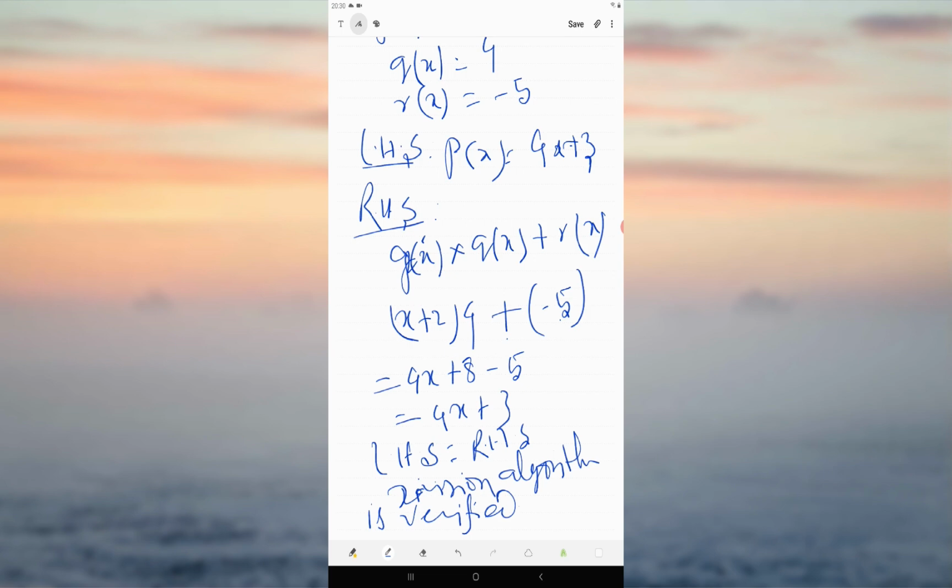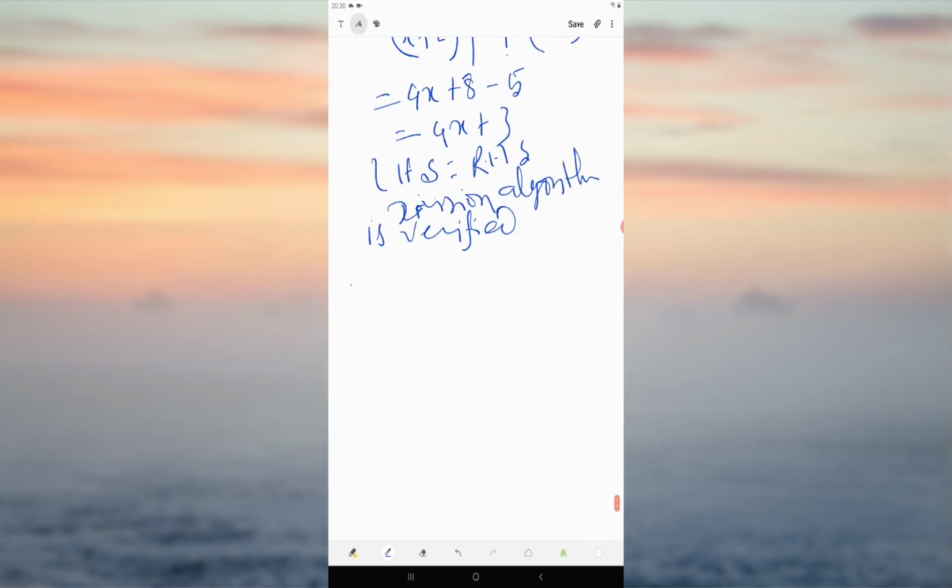Now the third point is telling that the degree of r(x) is 0. The third point is that the degree of r(x) is equal to 0.